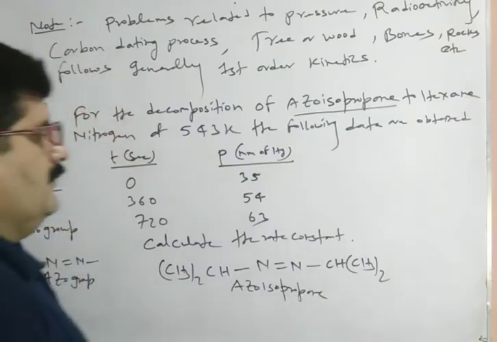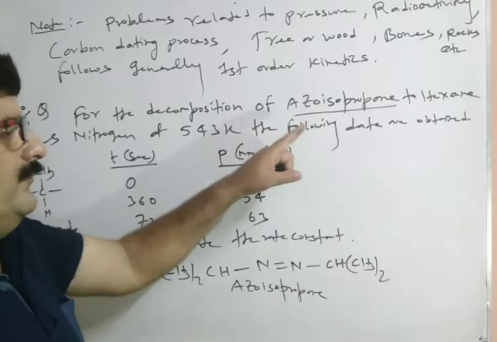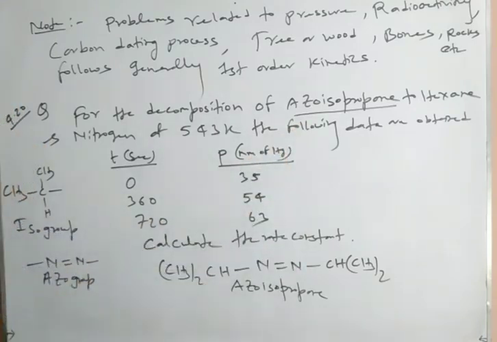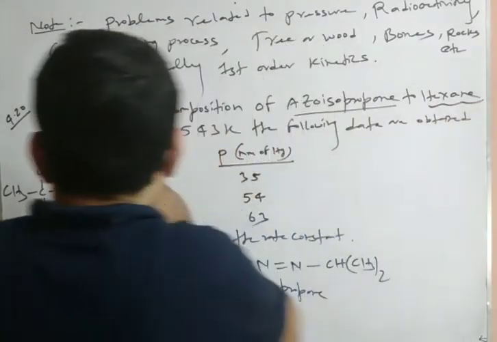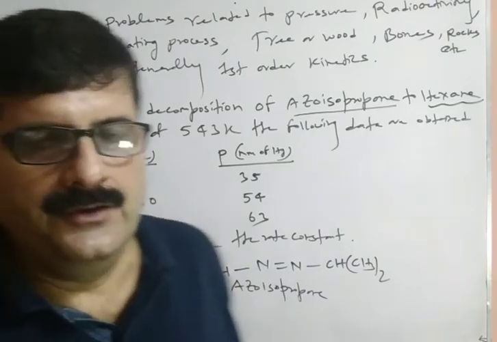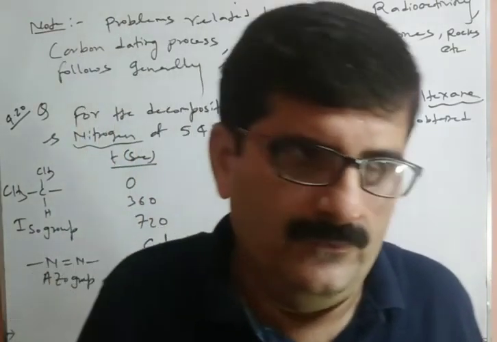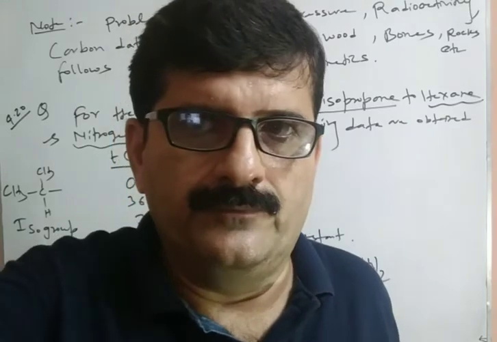This chemical exists in gaseous state. So according to the question, when azoisopropane is given, then after decomposition it produces what? Hexane and nitrogen. So all chemicals are given in gaseous phase. So in terms of pressure, we can write down the first order kinetics equation. So our reaction becomes what?